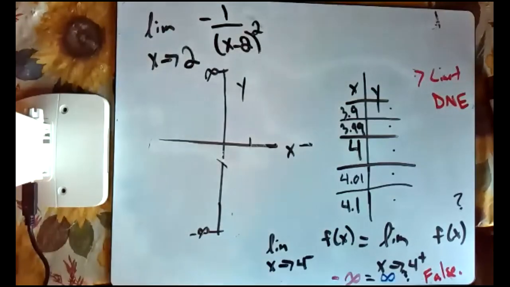So again, we have that issue of, can't slap 2 in there, right? I can't throw a 2 in because we would get -1 over 0, which is undefined.